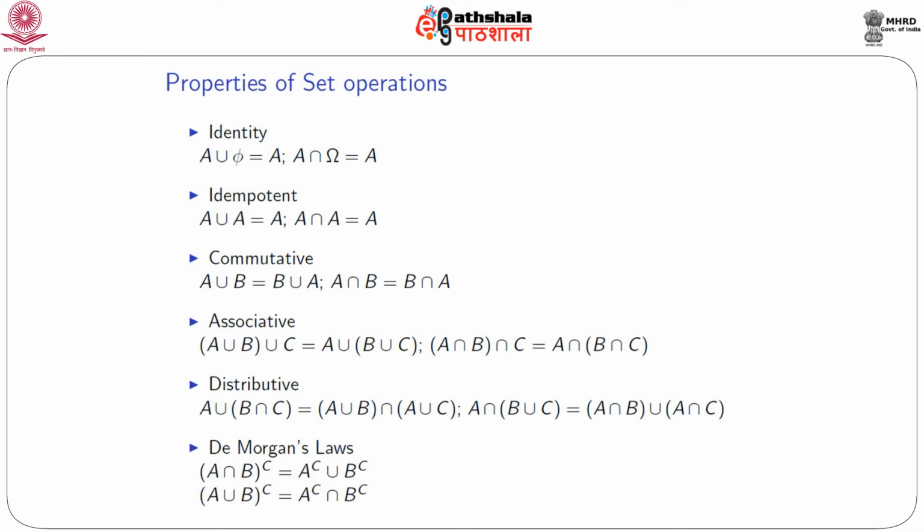Then we have the distributive property also. It says that once again I have three sets A, B and C. A union (B intersection C) is the same as (A union B) intersection (A union C), whereas if I interchange the union and intersection, then A intersection (B union C) is the same as (A intersection B) union (A intersection C).